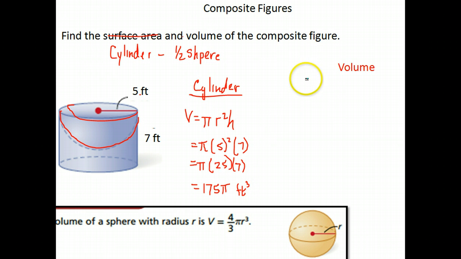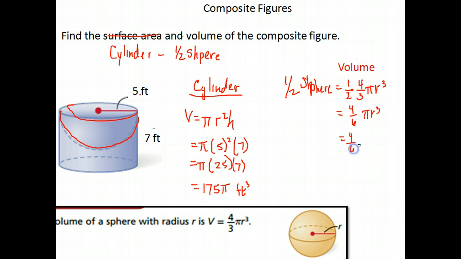Now let's find the volume for half of a sphere. The formula for the volume of a sphere is 4/3 times pi times the radius to the third power. Again, that's something you should have in your notes. But we just want half of a sphere, so I'm also going to multiply that by 1/2. 4 times 1 gives me 4, and 2 times 3 on the bottom gives me 6. That can reduce, but I'm just going to leave it for now. Let's put our radius in there.